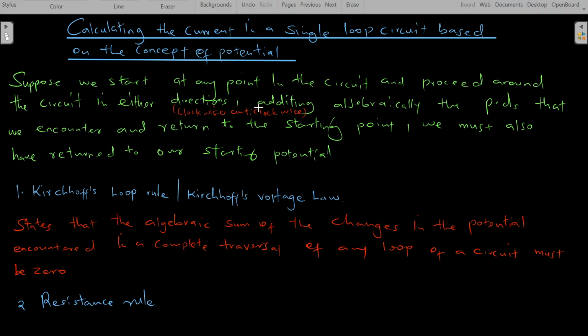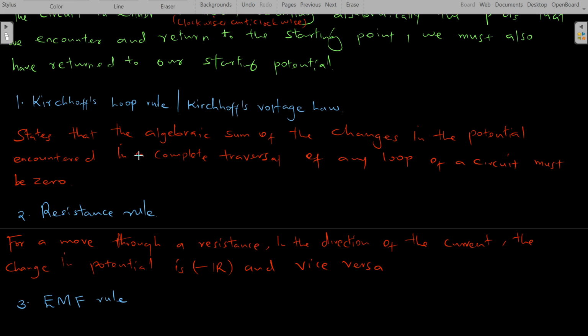If we go in either direction, adding algebraically the potential differences that we encounter and return to the starting point, we must also have returned to our starting potential. So our first step is to understand Kirchhoff's loop rule, which is Kirchhoff's voltage law.